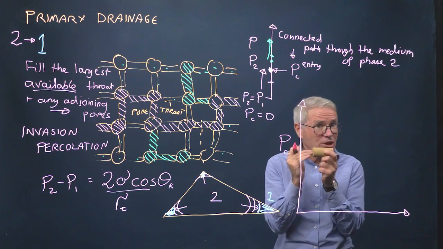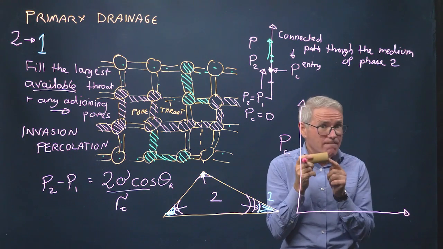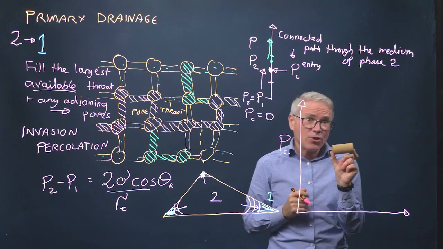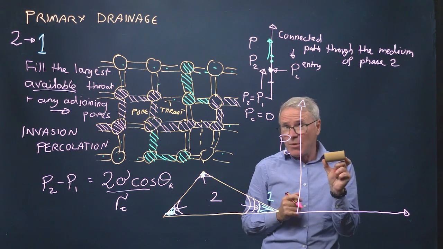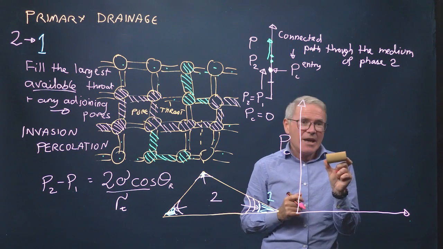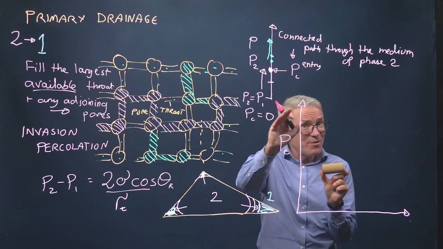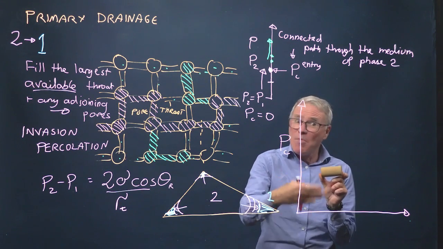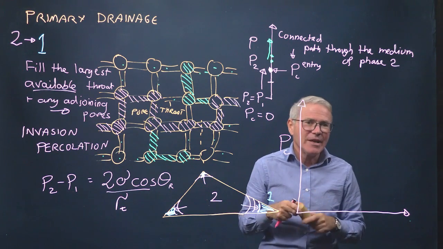I impose a pressure difference between the two phases. Phase 2 goes into the rock. I can define the saturation as the fraction of the pore space occupied by one of the phases. And clearly, if I'm looking at phase 2, as the capillary pressure goes up, more and more of the pore space is occupied by phase 2.